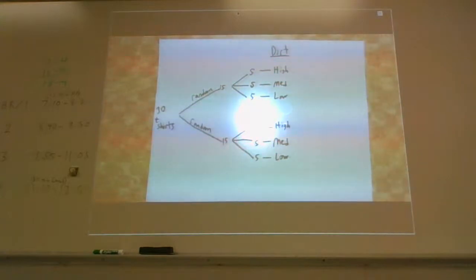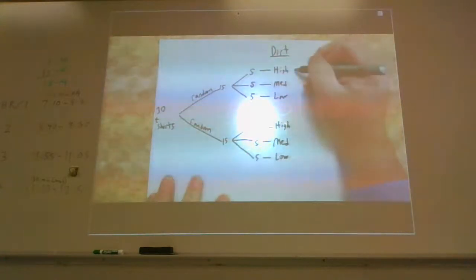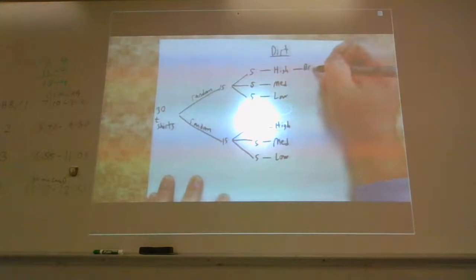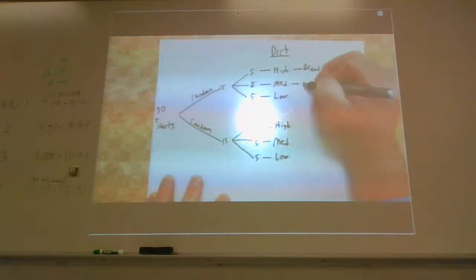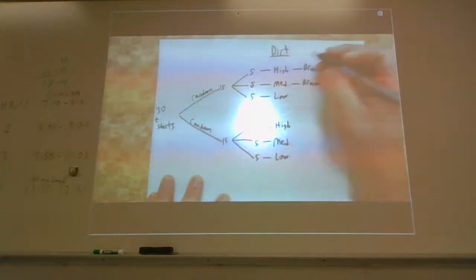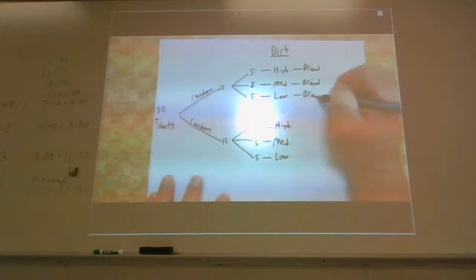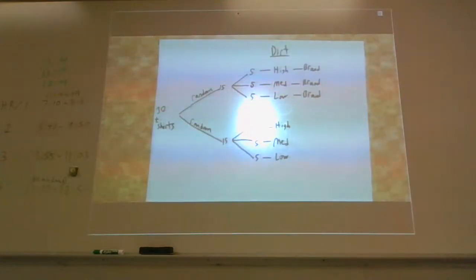But then I could take each of those shirts and run them through the brand name washing machine. Now, keep in mind, I have to run them through separately, because if I run a low dirt shirt with a high dirt shirt, that could definitely mess up my results.